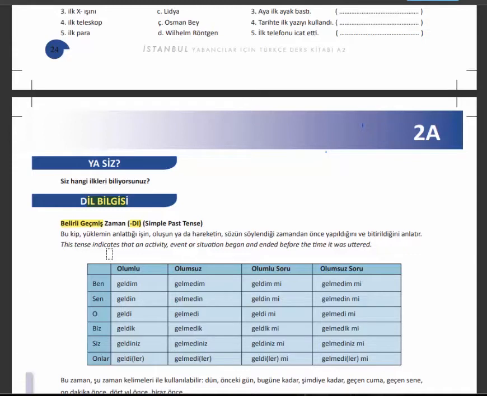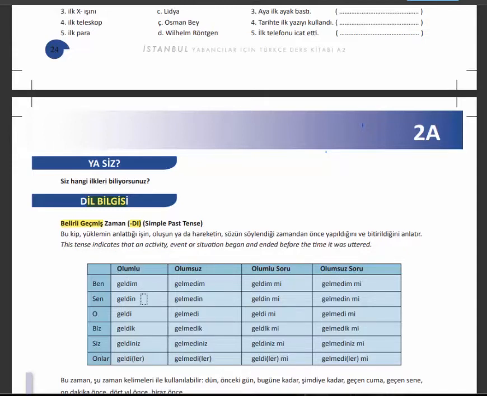So for example, we have a verb gelmek, to come. We want to convert this into past tense. We will add the past suffix to it. For example, gel, di. Because the last vowel is e, we write di: geldi. And the ben ending is m: geldim, I came.